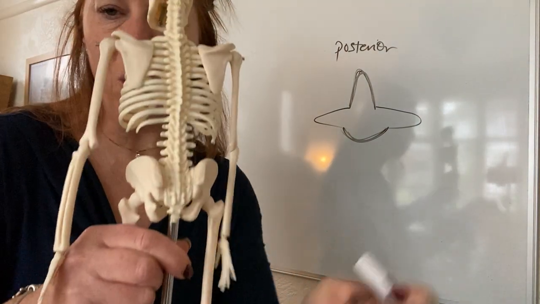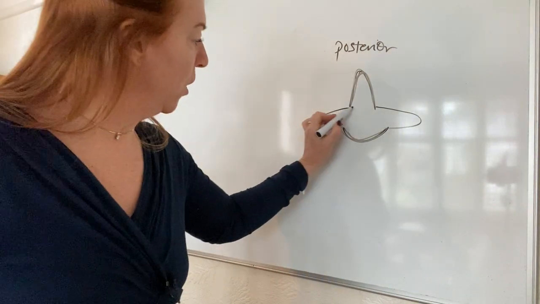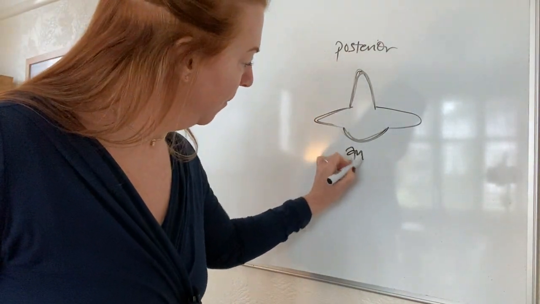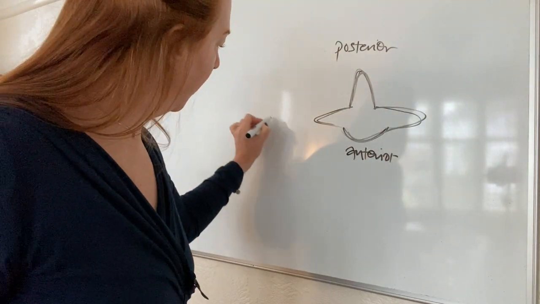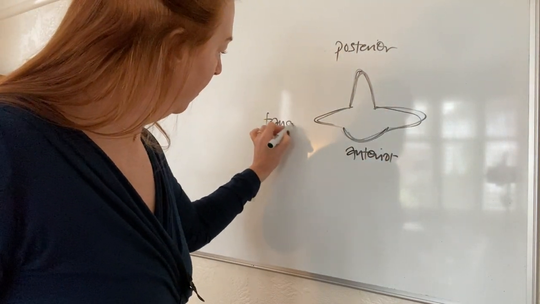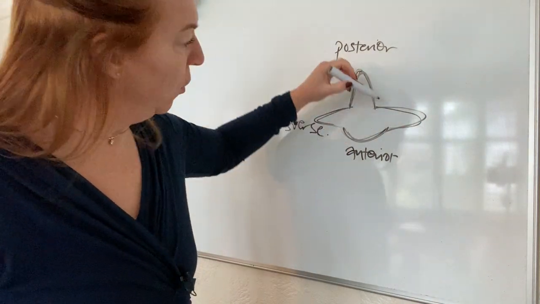And then you have these transverse processes at the side, which are these. This is where you have the facet joints that attach.